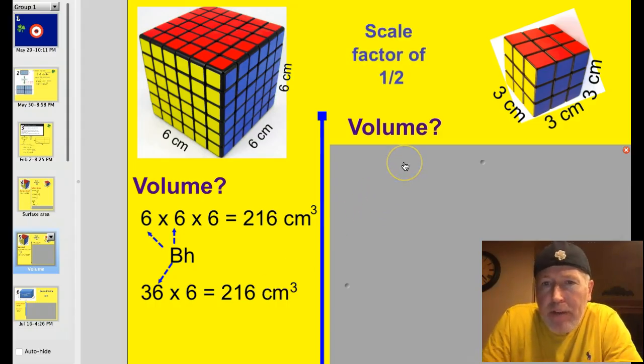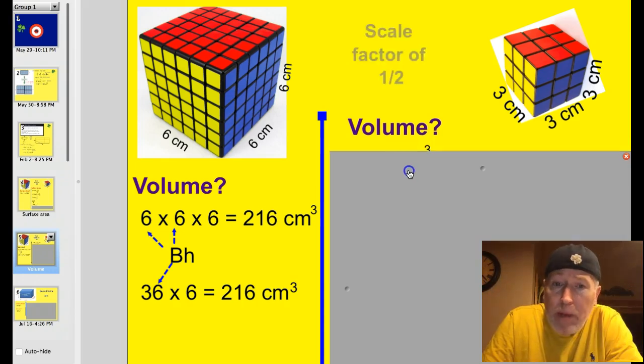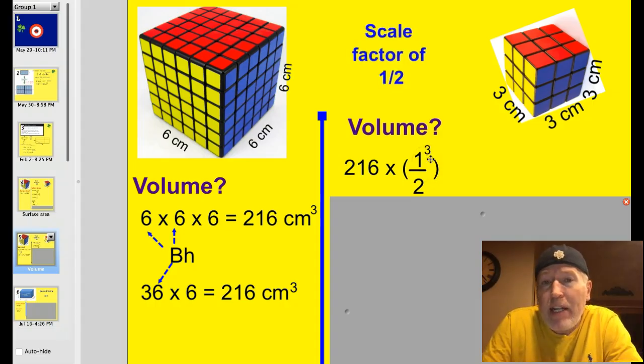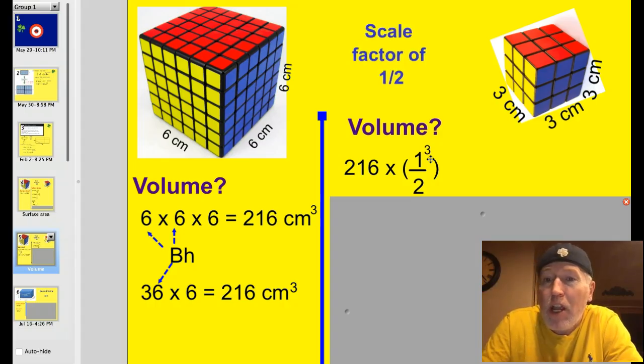All right, scale factor. Our scale factor is 1/2, so how do we use that to find the volume? Well, let's pop our original volume in. 216 was our volume. And we're going to multiply that by the scale factor cubed. We've added a third dimension. So now we're going to use the scale factor cubed.